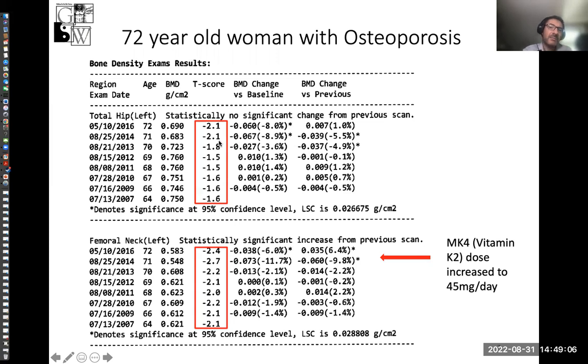This is something that we see on a regular basis. K2, when you give it in a very high dose, like in this case, can itself be quite beneficial. Unfortunately, K2 at this dose will cost upwards of $50 a month, so it's not necessarily a cheap product. So I'll come back to actually what I'm going to do is this.